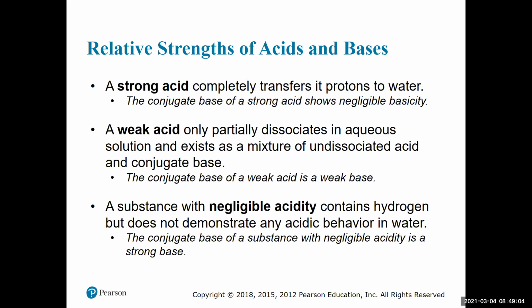That would be a case where that hydrogen ion really doesn't have much acidic character. So in other words, it doesn't really want to be donated. In that case, the conjugate base will be real strong. And so ammonia is an example of that, of what we looked at a few moments ago.